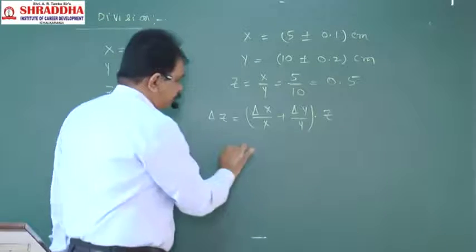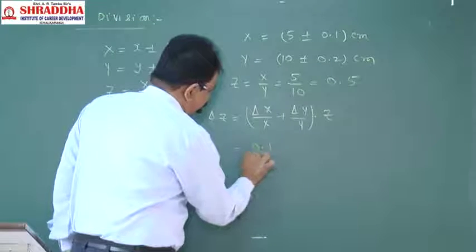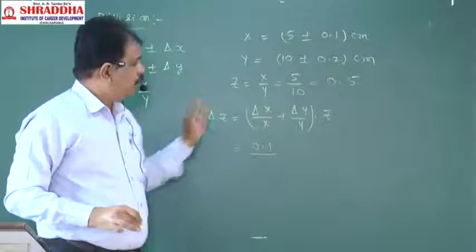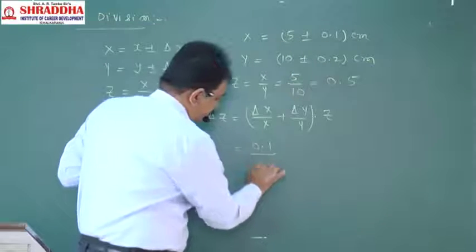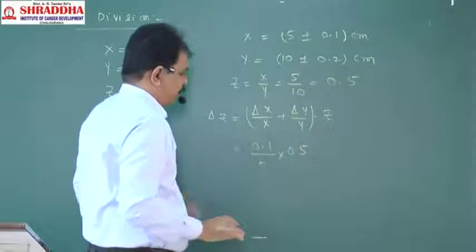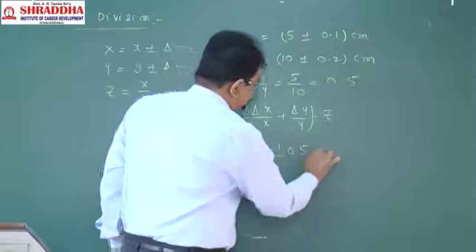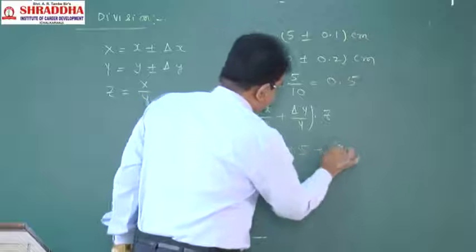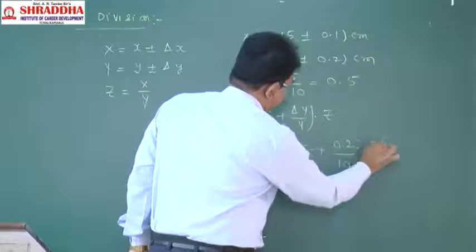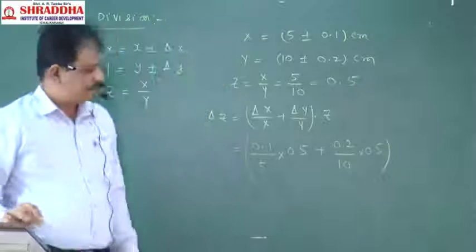So here how much will we get? 0.1 by 5 into z value 0.5. Here how much will we get? 0.2 by 10 into 0.5.